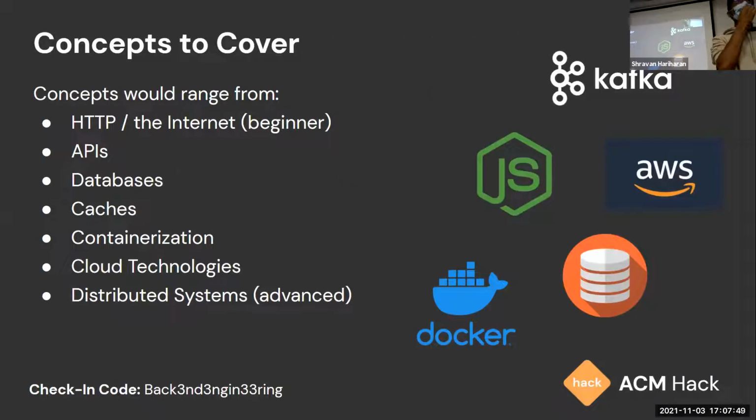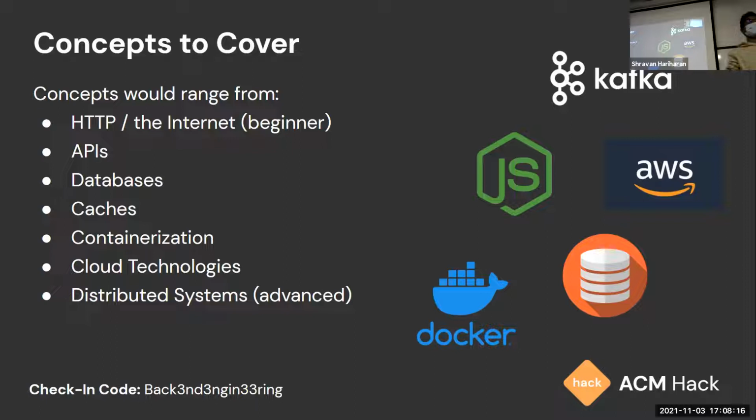Just to highlight some concepts that we're going to be covering in this series, if you aren't familiar with any of these, that's totally fine. We're going to be diving into each of these in good depth. From the start, we're going to be talking about what HTTP is and what the internet is. That would probably be the most beginner friendly concept. Then we'll be diving into APIs and databases. Those top 3 we're going to be touching during this workshop at a very high level.